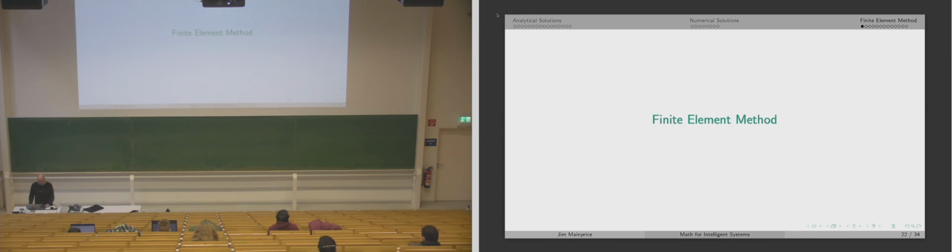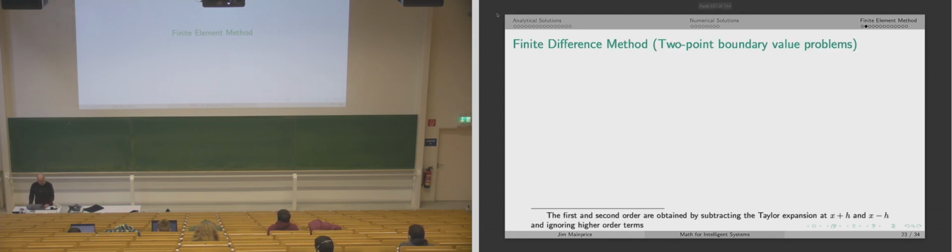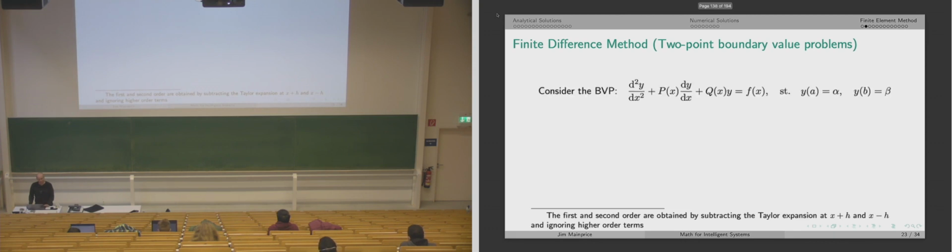Now the question, with the remaining super fast time that I have, is how to do finite element methods, which is basically trying to solve boundary value problems with numerical methods. So first, let's consider something called the finite difference method, which is easier to understand than finite element method.